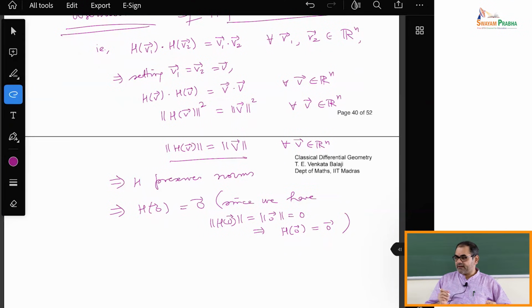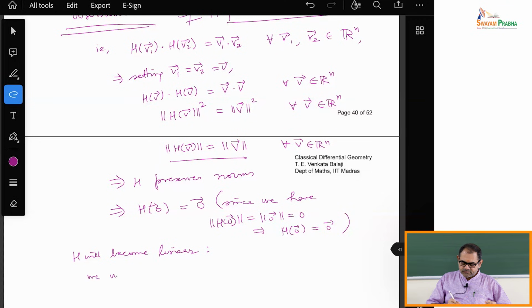And in this situation, H will become linear. How do you see that? You check for linearity.